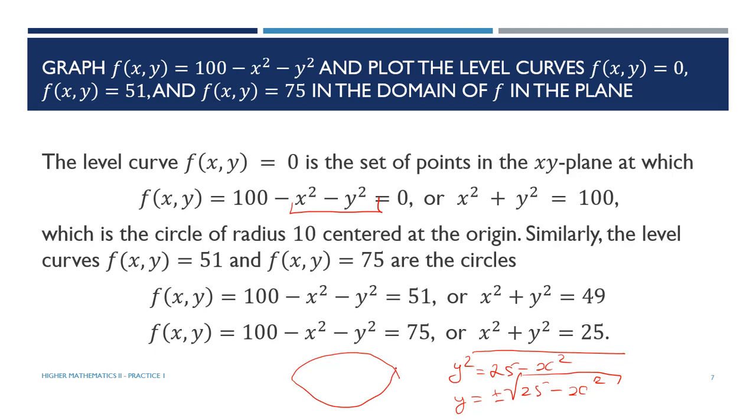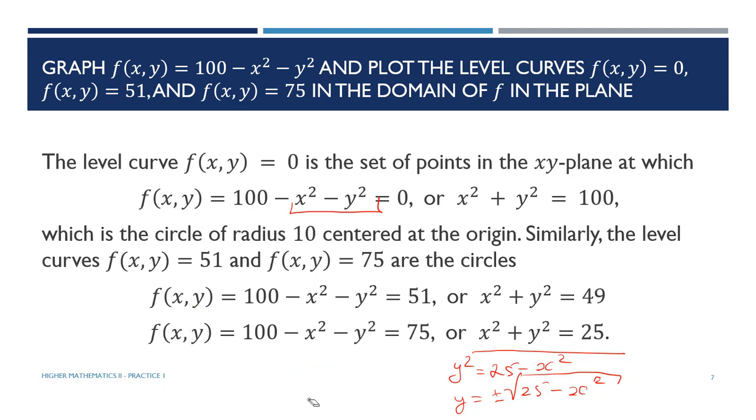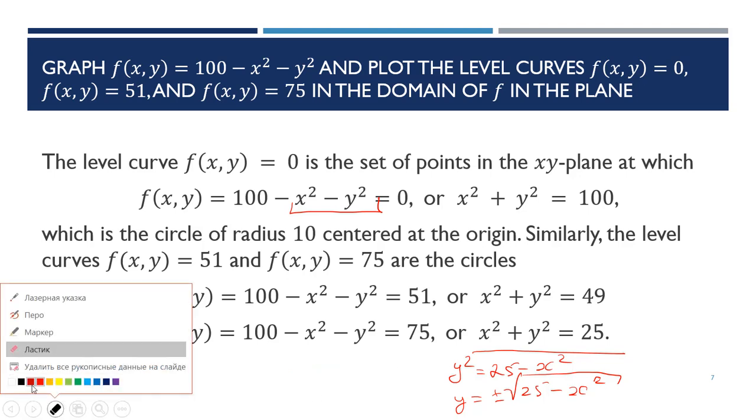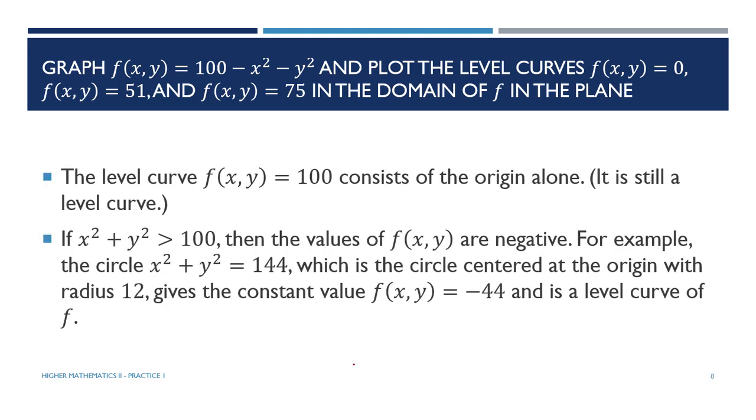The other part gives us this kind of, oh sorry, it's not that clear right now. It's hard to draw a circle with this one here. This kind of and this kind of. Okay.